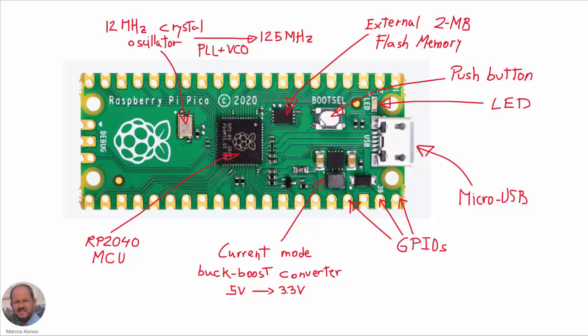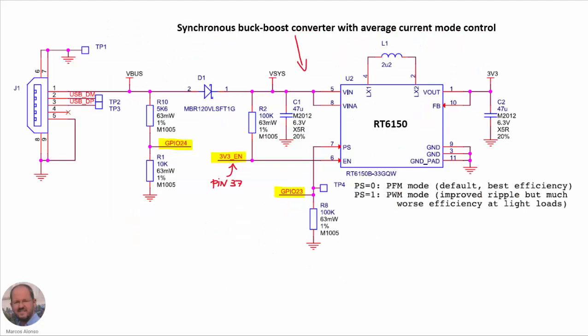We have a push button here to do some actions, and also we have an LED here, and finally we have the connector for the micro USB, so it can be used to supply the board and also to connect the board with the personal computer. So let's see now some details regarding the implementation of the Raspberry Pi Pico.